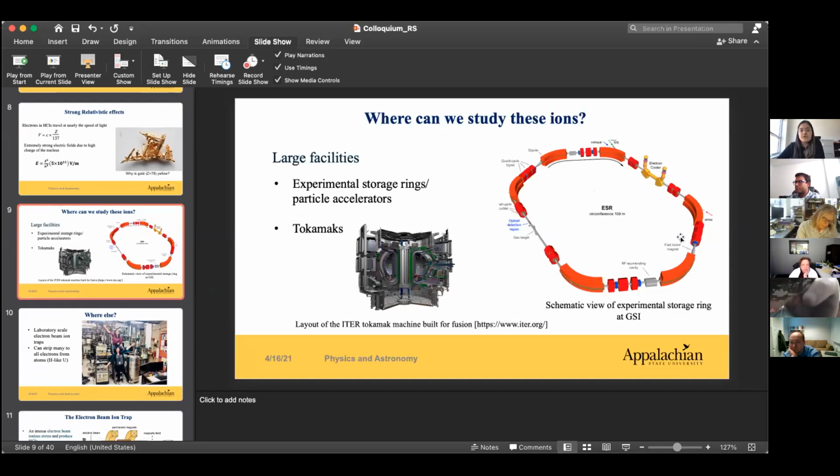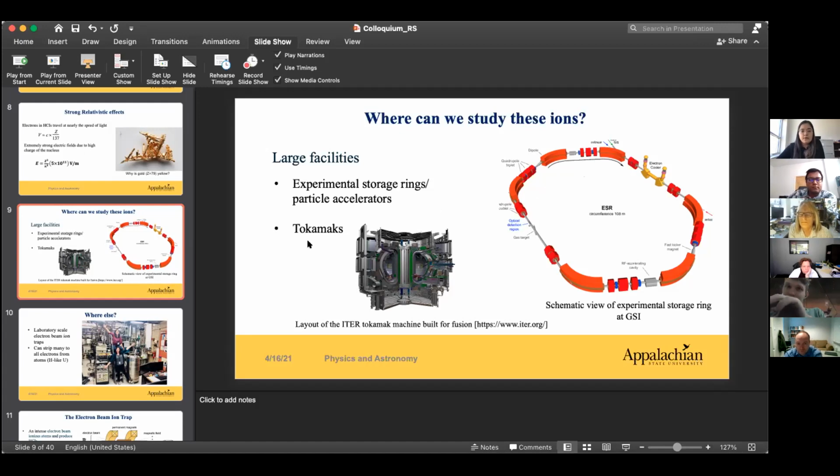And each time the charged particle rotates in this circle, it accelerates and the energy becomes quite large. So you can think of it as a car in a racetrack. You cannot just start with a very high acceleration right in the beginning, but as you go through the circle, you are just increasing your speed by quite a bit. So this is what is done in a storage ring as well.